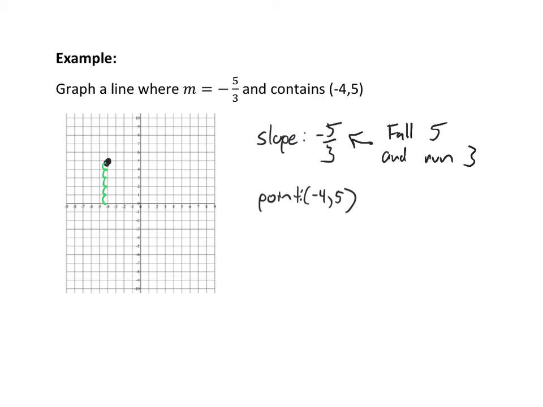Then we are going to run 3: 1, 2, 3. My second point should go right here. By falling 5 and running 3, you'll see that what happens is we get a line that is creating that ramp where we would be falling down that ramp instead of going up the ramp.